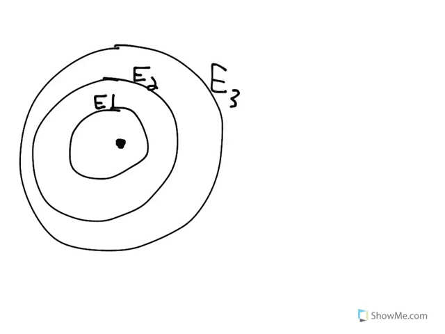The further away the electron is from the nucleus, the more energy in that electron. So you can see here that the electron in E2 has a higher potential energy than an electron in E1, and yet a lower potential compared to an electron in the third shell.